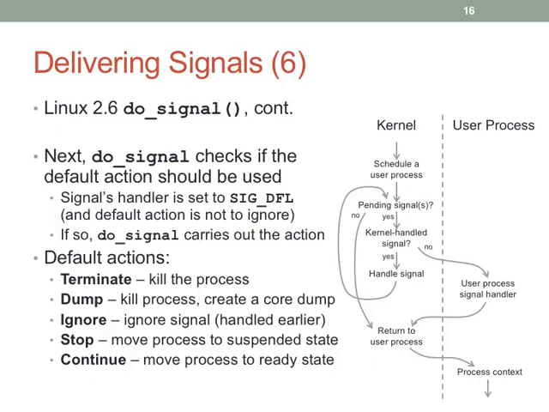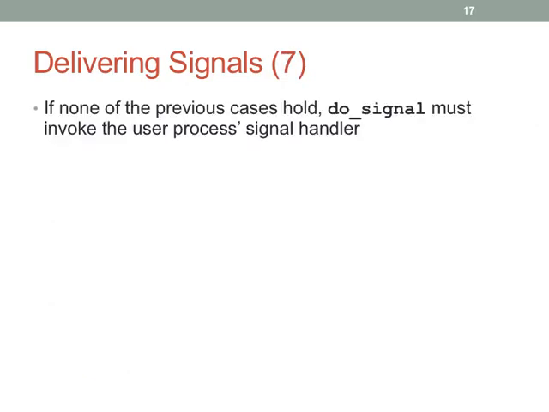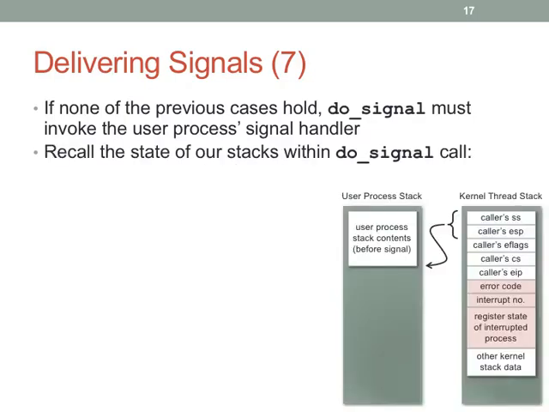So that's why they can be done on the kernel side of the fence. So let's say all of those things are not appropriate for the signal that's being delivered. So we're assuming not ignorable, not a default behavior. The user process has registered a signal handler for the signal. So now we need to go ahead and get the user process involved.